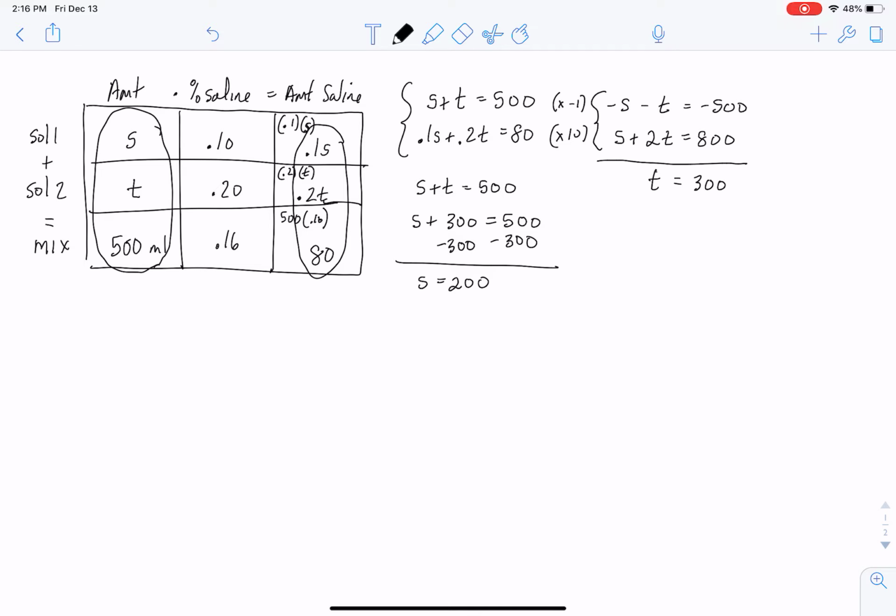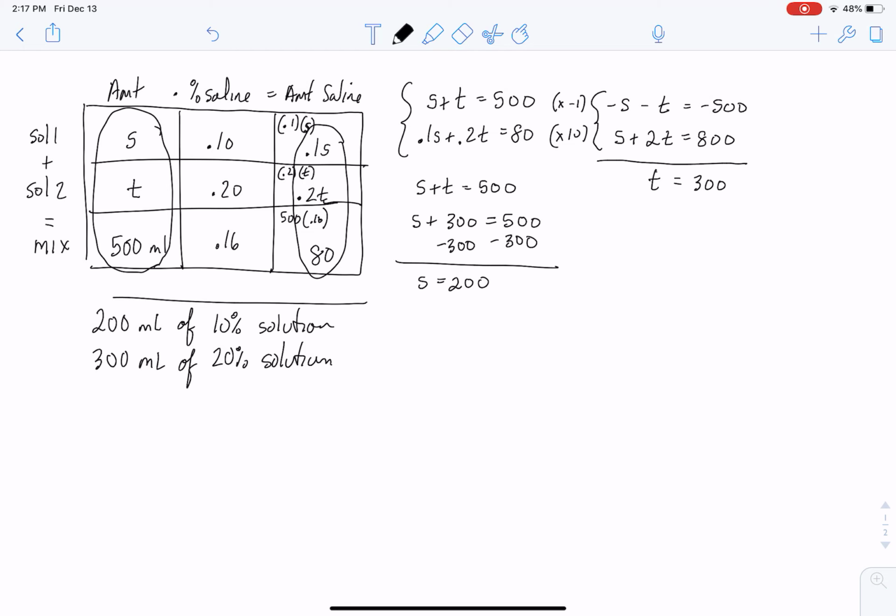We need 200 milliliters of the 10% solution, and we need 300 milliliters of the 20% solution. And that's our answer.